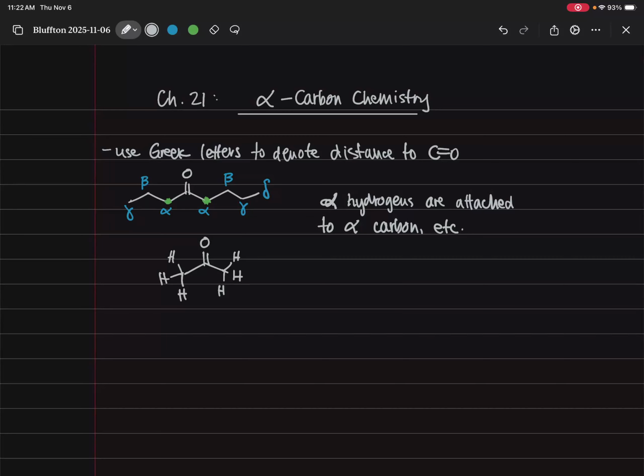What kind of hydrogens are these? Yep, these are all alpha hydrogens.